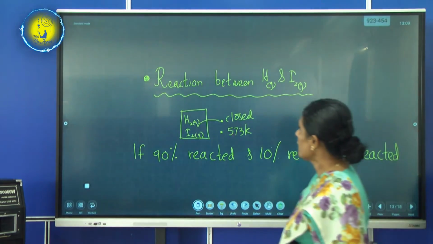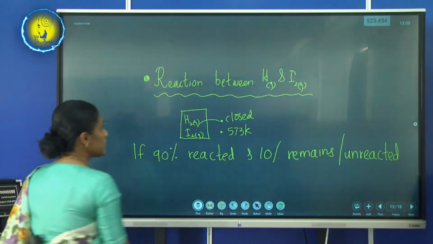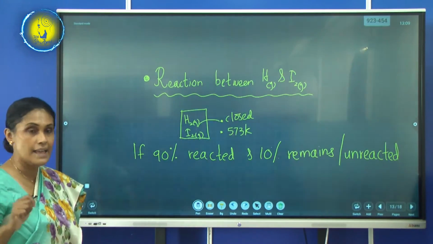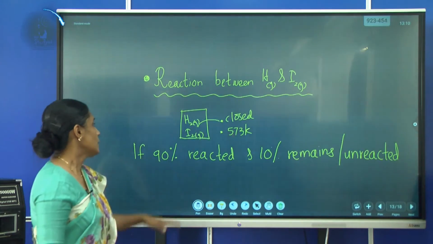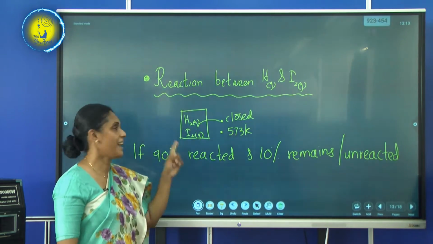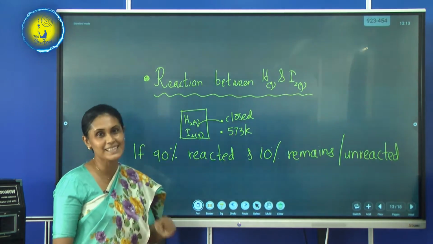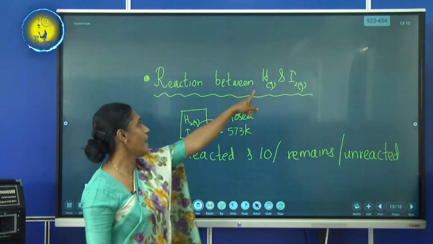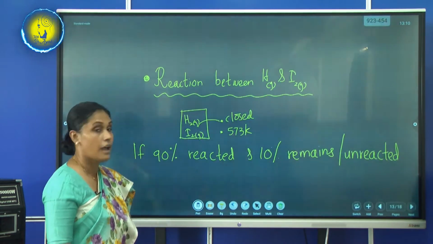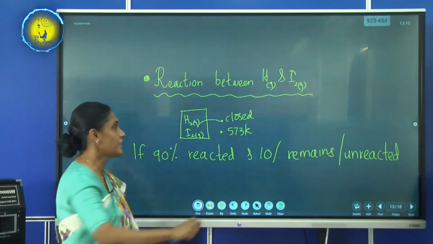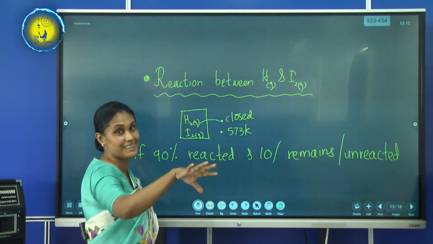Okay, look at this one. A reaction between hydrogen gas and iodine gas. So this is a container. The square represents a container. In the container I have inserted hydrogen and iodine. I have few points. One is it's closed, right?